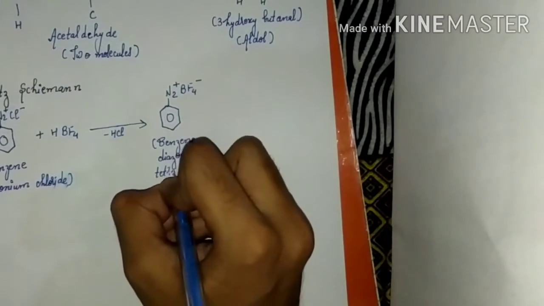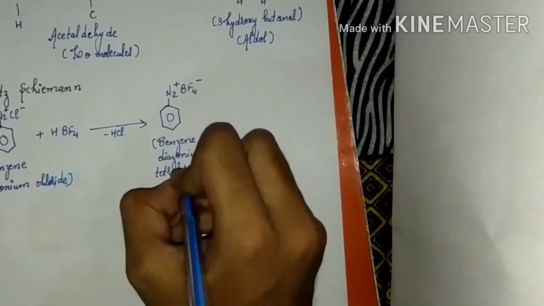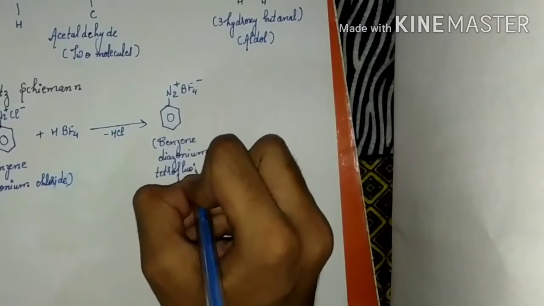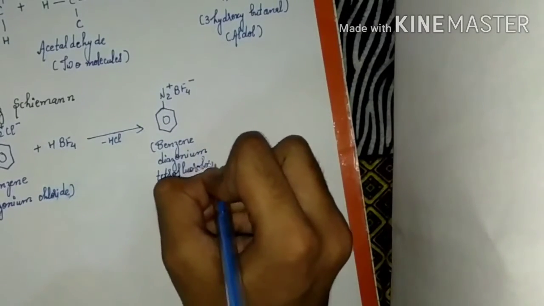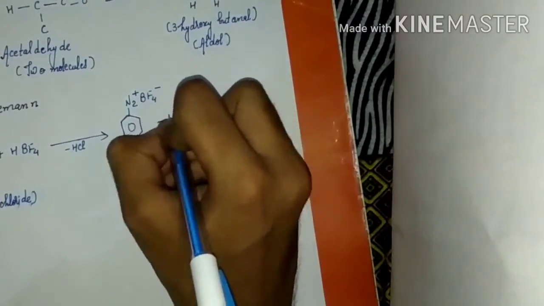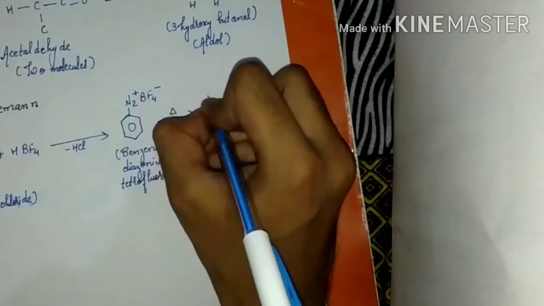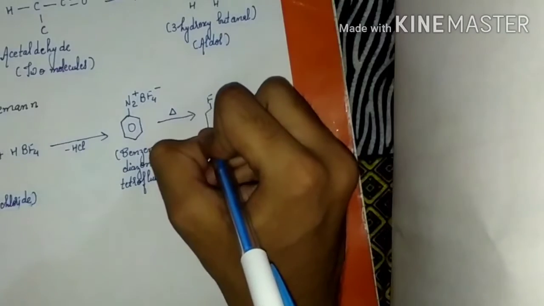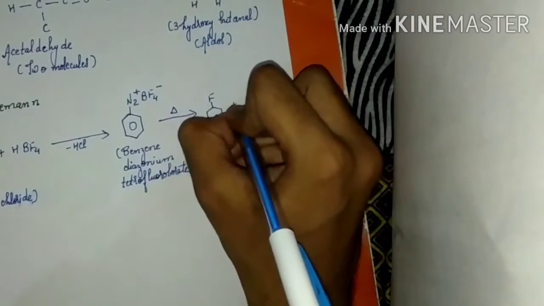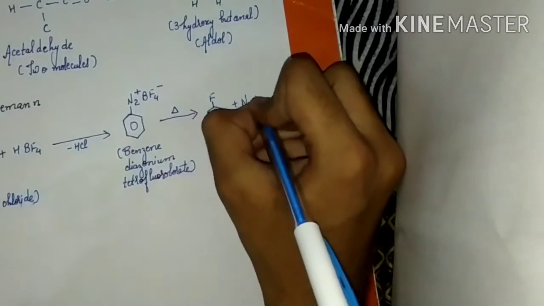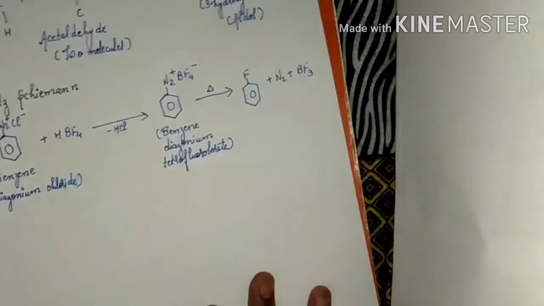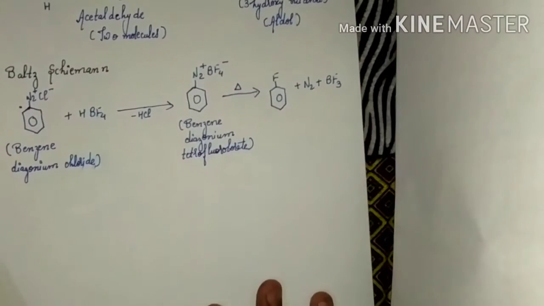These names are so long that I can't write them in a single line. And also when it is heated, as I said, it gives fluorobenzene plus N2 and BF3. Sure, this is the whole reaction.